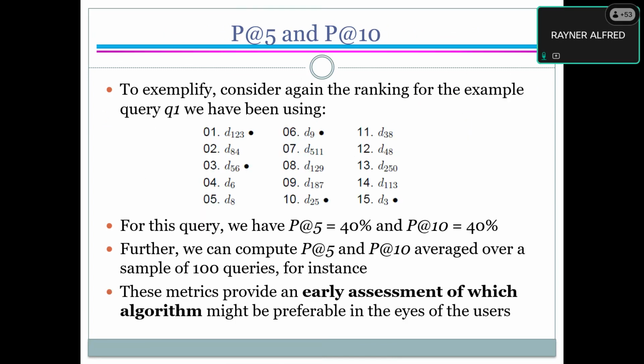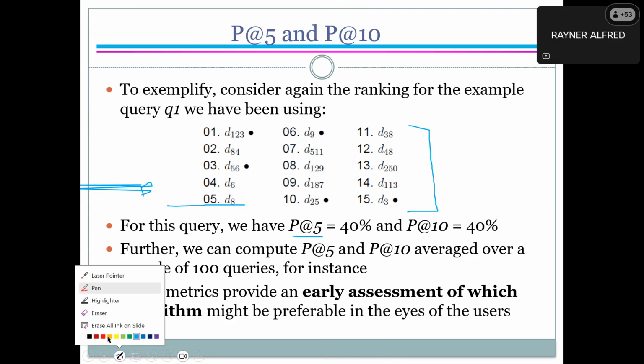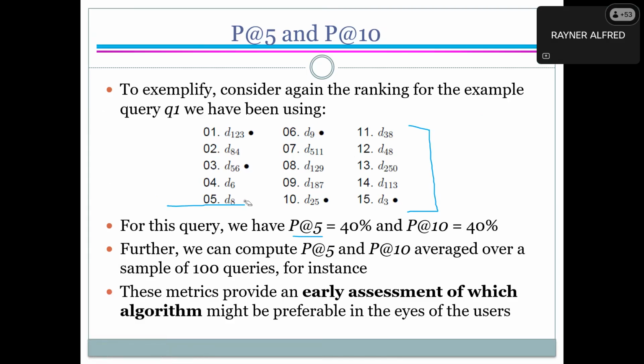So for example, like this, given the list of 15 results that we get, so our query will be, okay, what is the precision at 5? The precision at 5 will be here. Okay, which is P is equal to what? What is P equal to? 2/5, right?